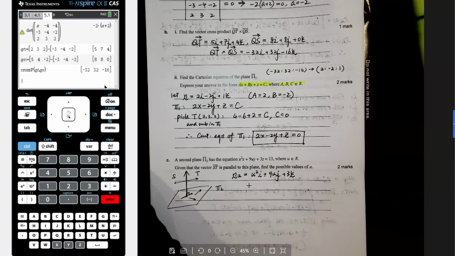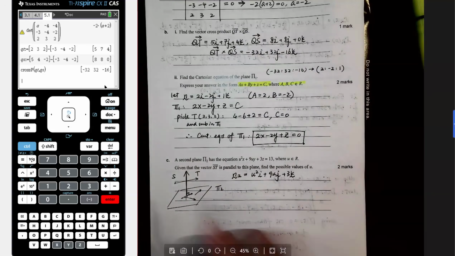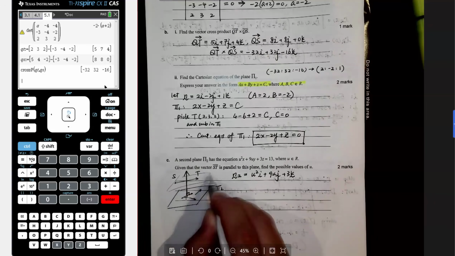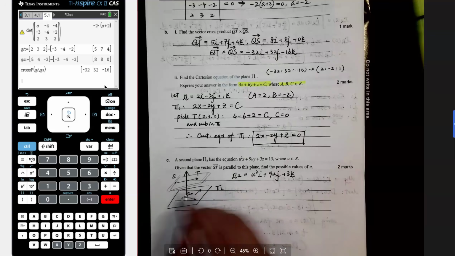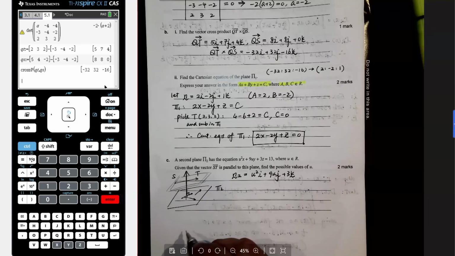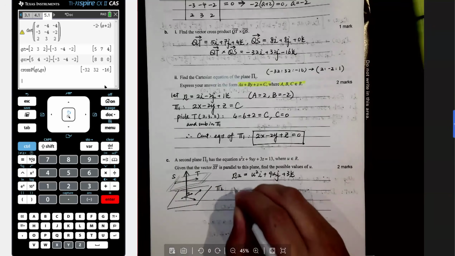And if this vector is parallel to the plane, then it has to be perpendicular to the normal vector. Because if you have another parallel plane to this plane here, that's a different story.